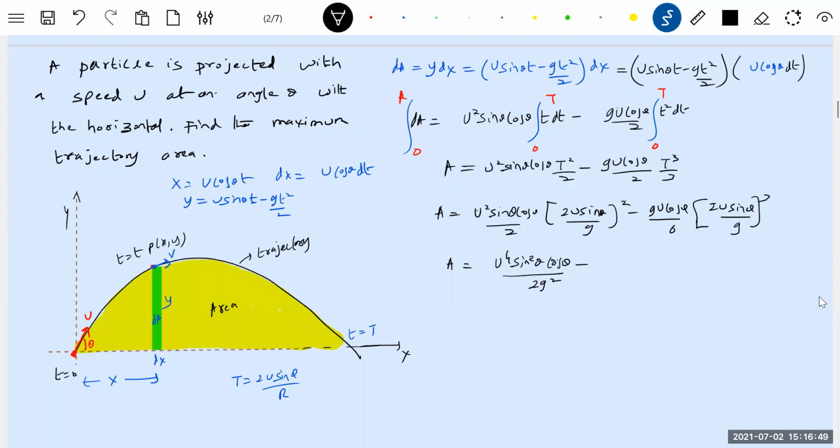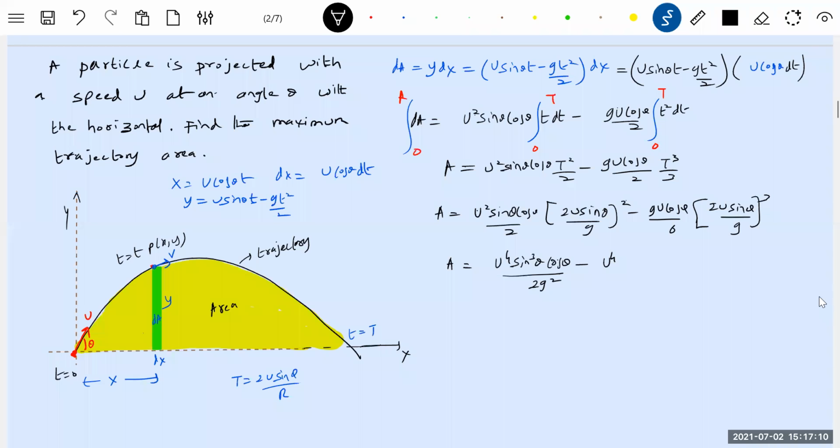One more, again u to power of 4 sine cube theta. Okay, I'll keep this as it is. Sir, in first time also sine cube theta. Sine cube theta means sine square theta sine theta.